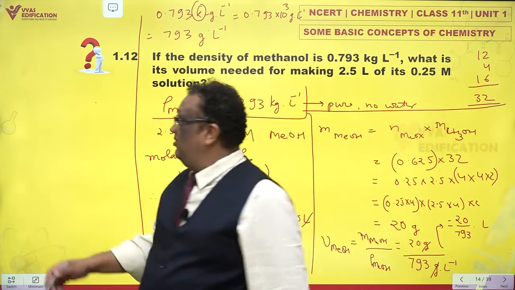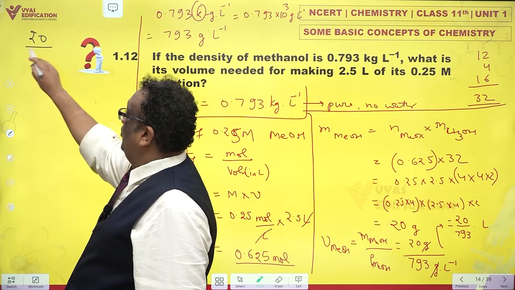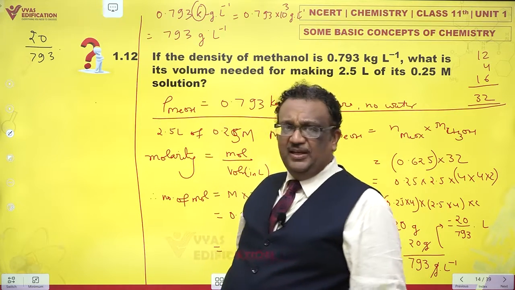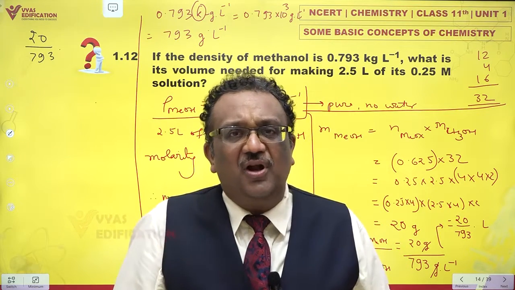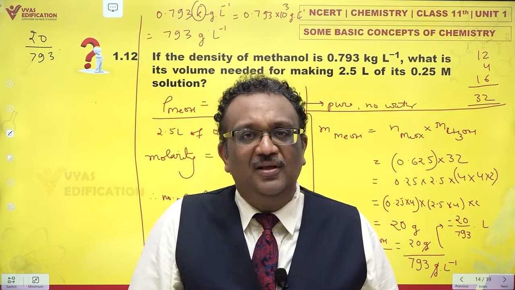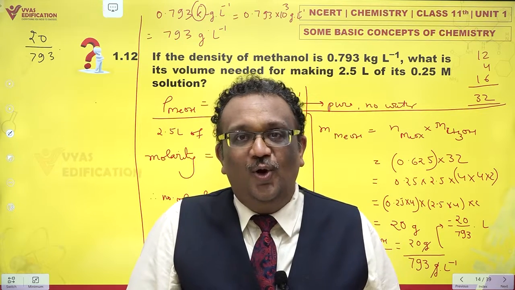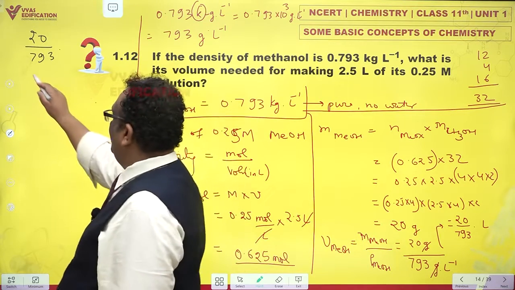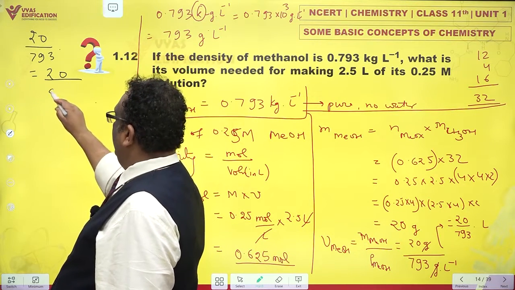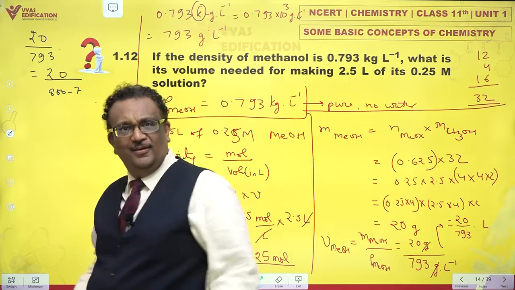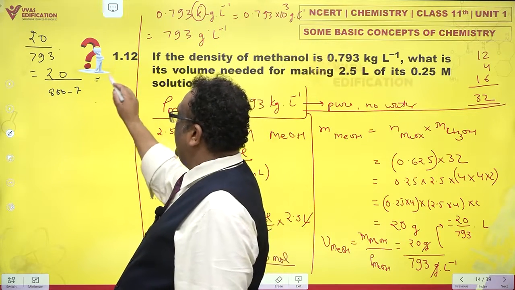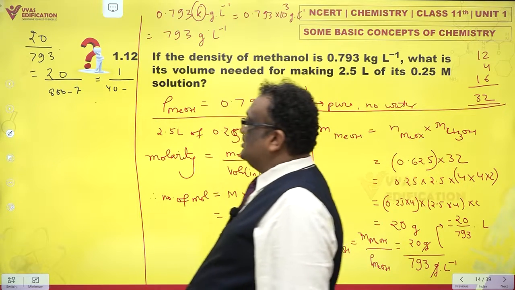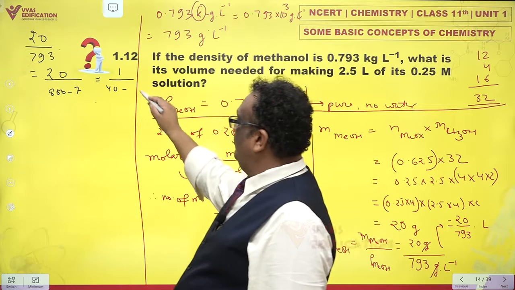20 by 793. Now 20 upon 793. Can you discover the closest round figure around 793? That is 800. Oh my God, so could we take that as 800? I mean, trying never harms you. This is 20 upon 800 minus 7. Can I say that? Yes. Which is actually 1 upon 40 minus 7 divided by 20, which is 0.35.